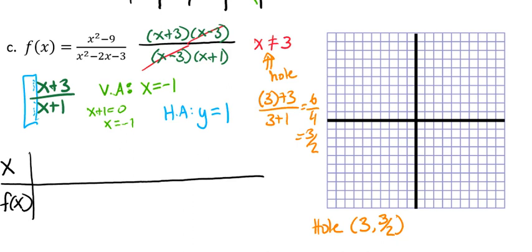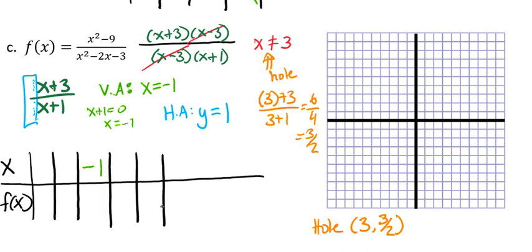So this time, I'm going to put 2 spots before my asymptote, and then 2 spaces before the hole of 3, which we know goes with 3 halves. But because it's a hole, we're just going to leave this blank.